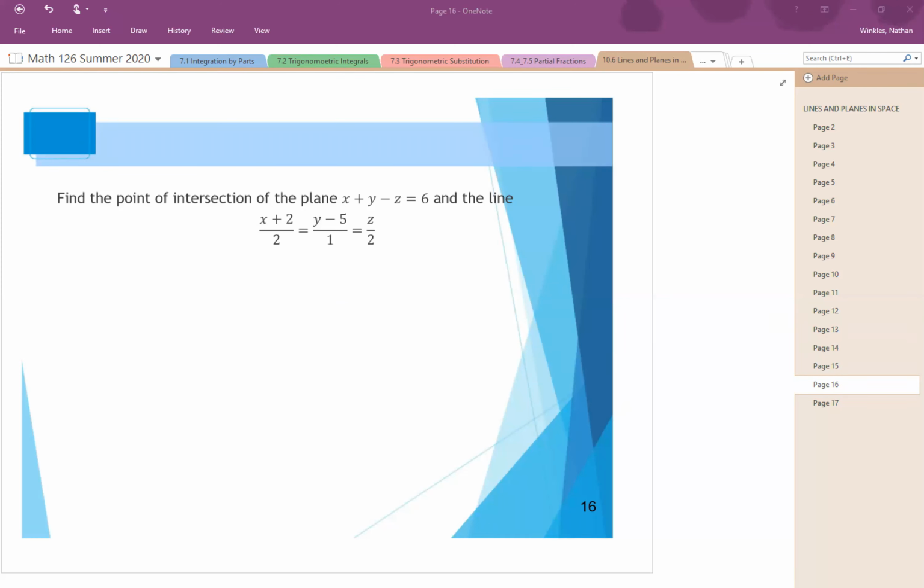So first we need to convert the symmetric equations for the line to parametric form. What we're really looking at is that the direction vector of the line is 2i + j + 2k.